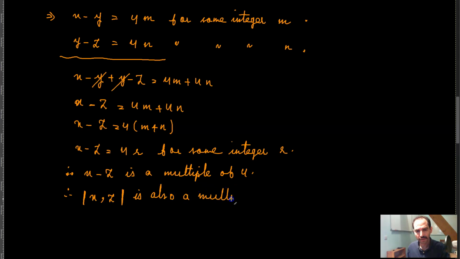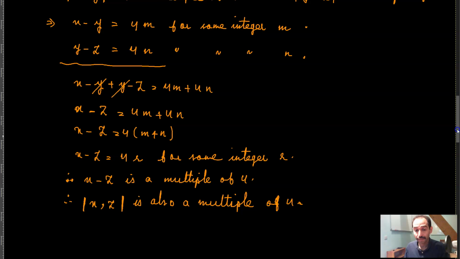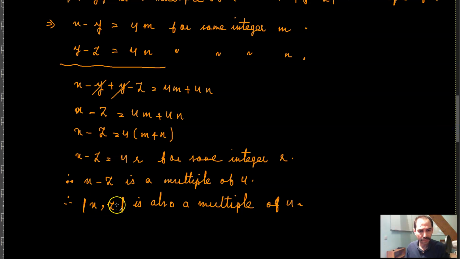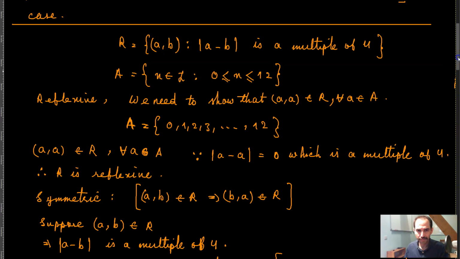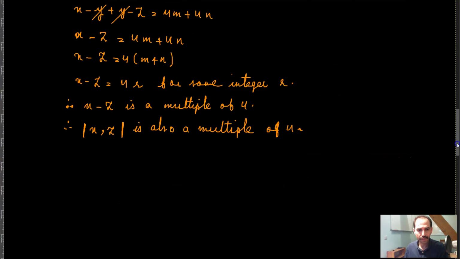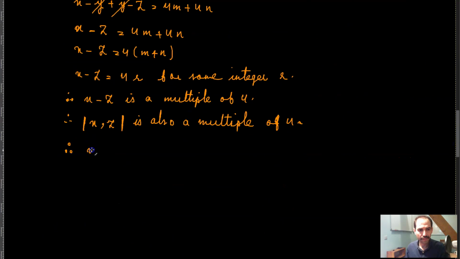There is nothing wrong with that. Based on our relation R, we said that if the absolute value of a minus b is a multiple of 4, then a comma b belongs to R. That means that x comma z does belong to R.